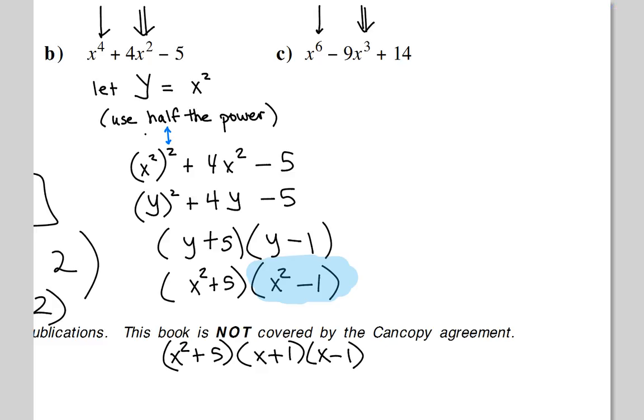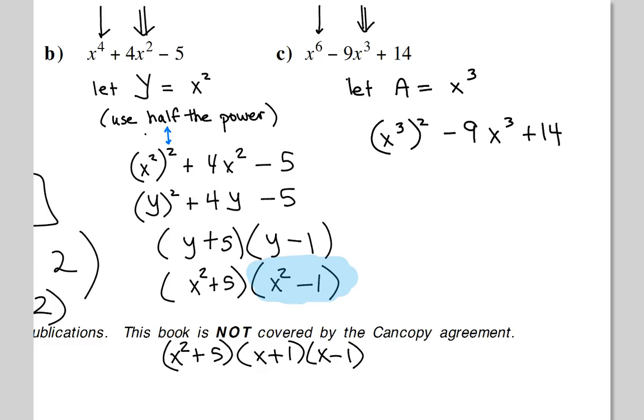You can see x to the 6. So let's use half that. Let's let A equal x cubed. So then we'd have x cubed squared, because it has to have that pattern, minus 9x cubed plus 14.